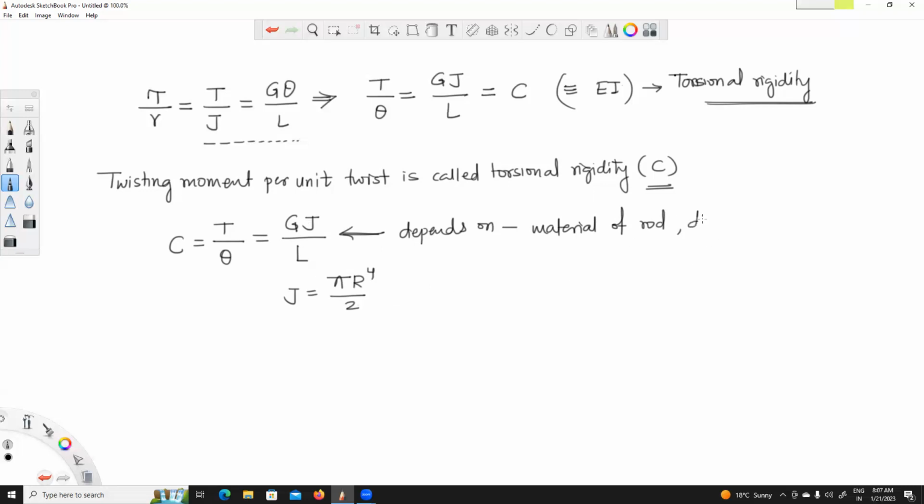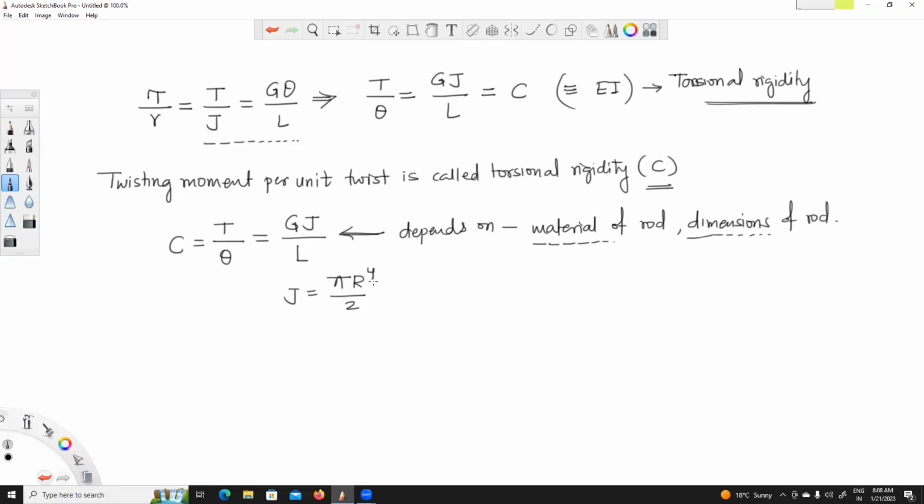So in short we can write dimensions of the rod. So it depends on both the material as well as the dimensions of the rod. If you take a rod of the same material but different dimensions, you can end up having different torsional rigidity. And if you have the same dimensions but different materials, then also you end up with a different torsional rigidity of these rods.